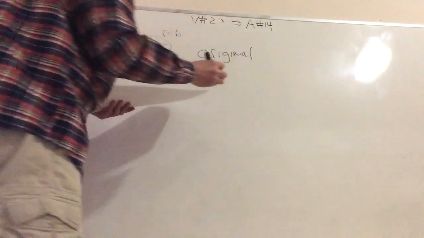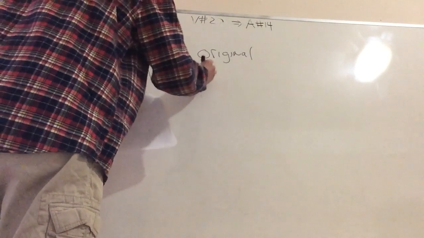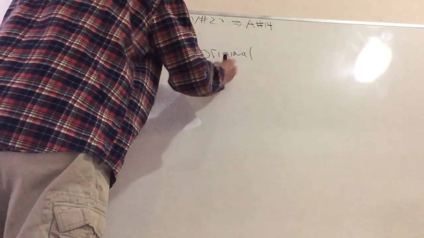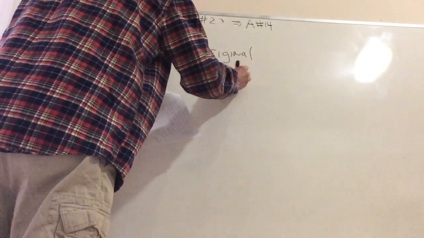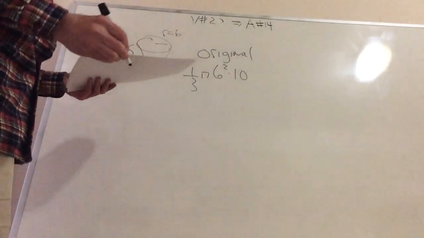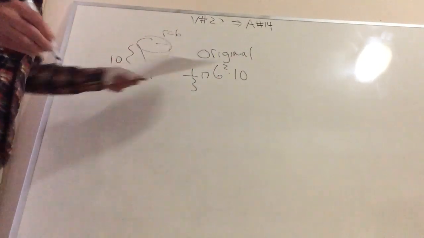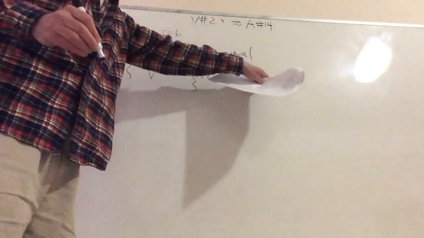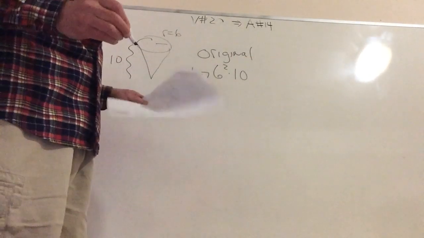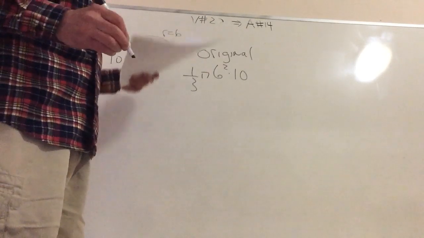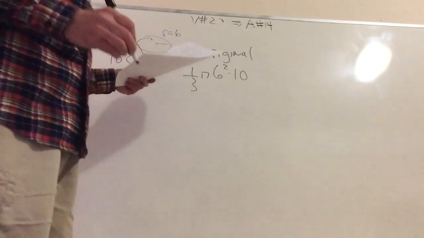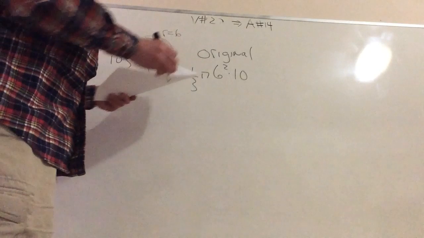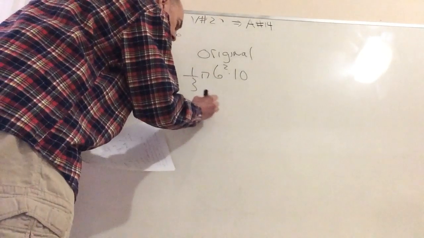And the original is going to be 1/3 pi 6 squared times 10, as the data indicate. Okay? So there's my original. I'm going to leave it like that. There's no purpose evaluating this and getting 120 pi. No one's asking you that. They're asking you to find the ratio between the original and the new. So the new will come up with that number.